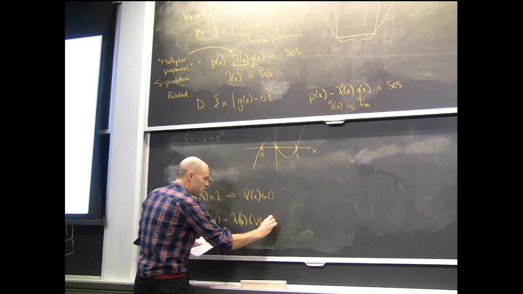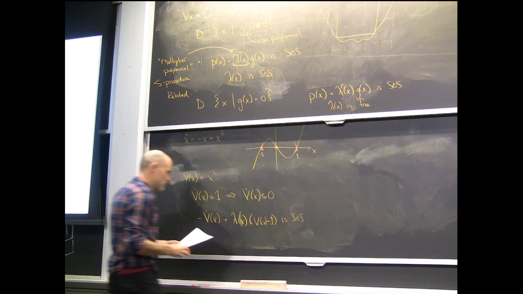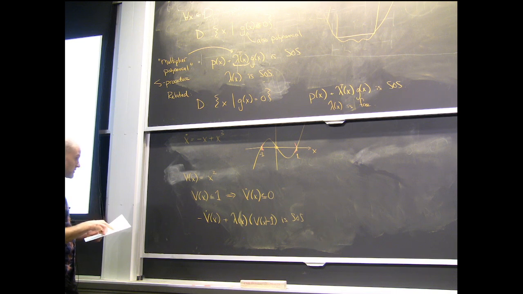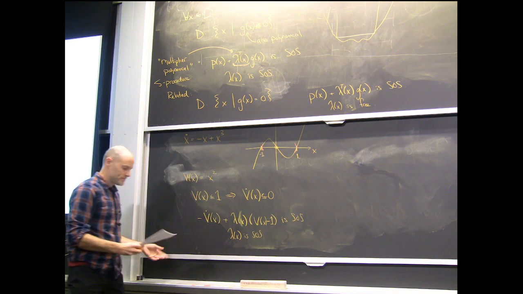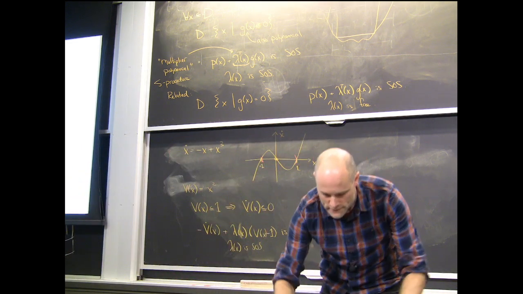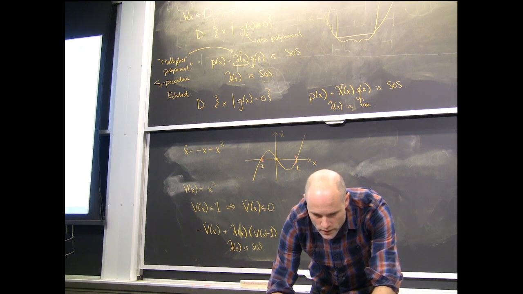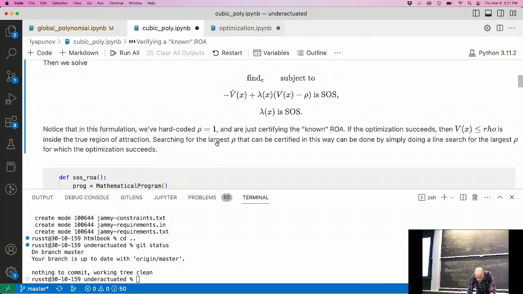And lambda of x is SOS. More generally, if I didn't know that 1 was the answer, I could write this as v of x minus rho, okay? But I'm setting rho equal to 1 right here first.